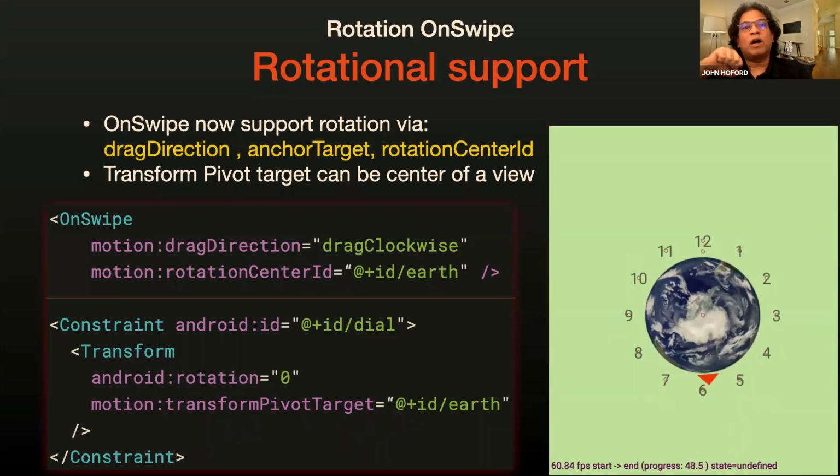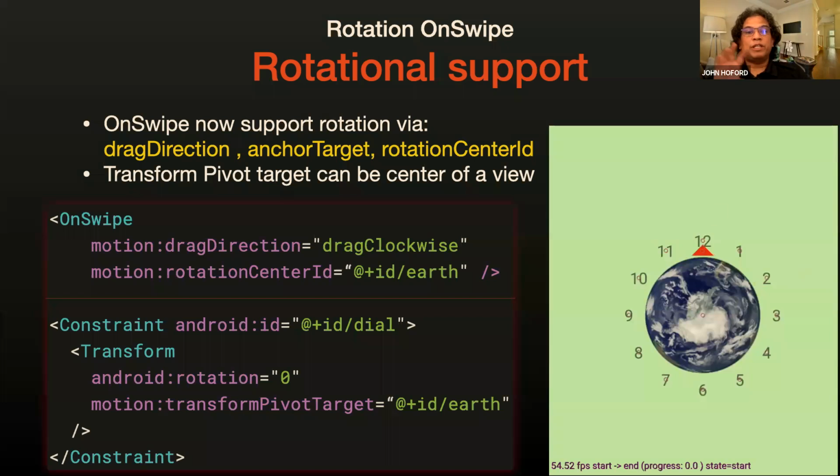You can also give it an object that is being laid out in polar mode, and it will track that object like you're used to with all of the previous anchor ID support. So if your anchor ID is in polar mode, it will work the way you would expect. In this particular case, we are also doing another new feature, which is transform pivot target.